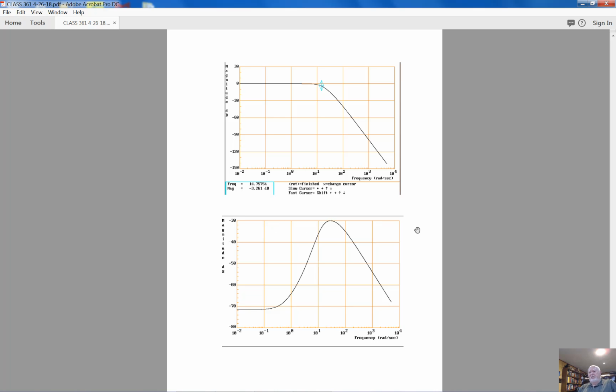So we can claim that we have 30 decibels, not minus 30 decibels, 30 decibels disturbance rejection, which means that every single harmonic of the disturbance will be reduced by our system at least by 30 decibels, and most of them will be reduced even to a greater extent.